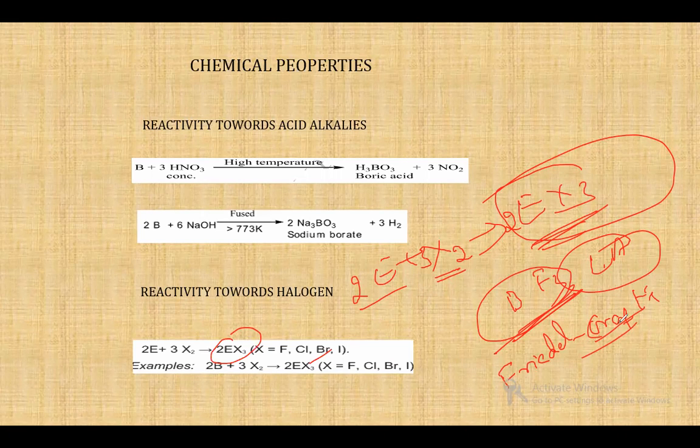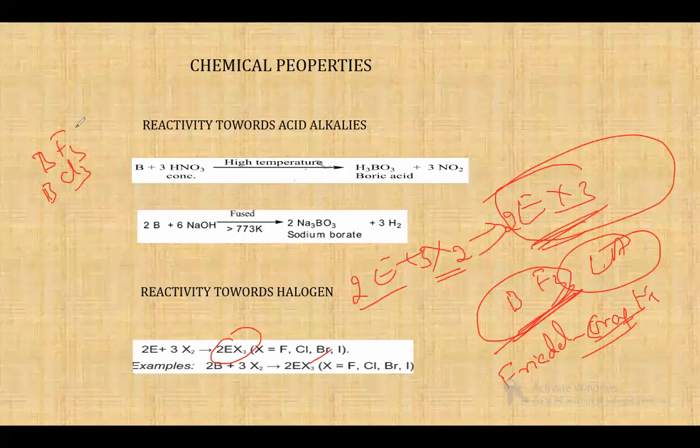Next, boron trifluoride, BCl3 and the other boron halides are volatile, highly reactive, and monomeric. BF3 and BCl3 are gases.